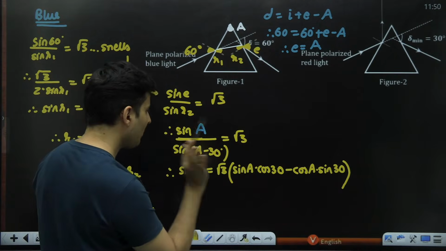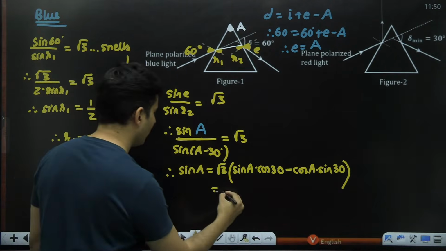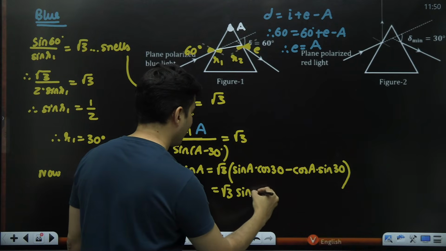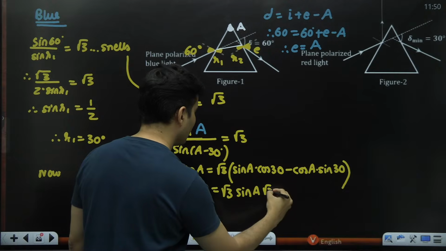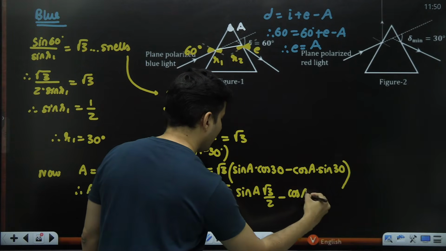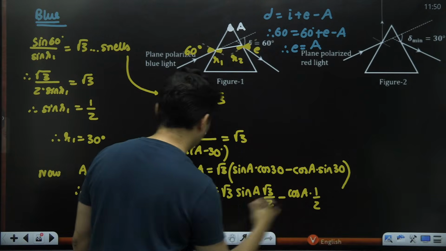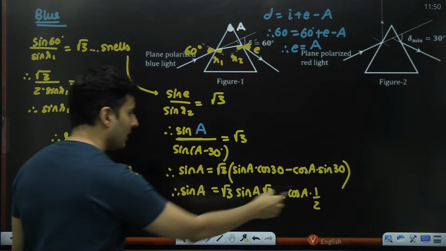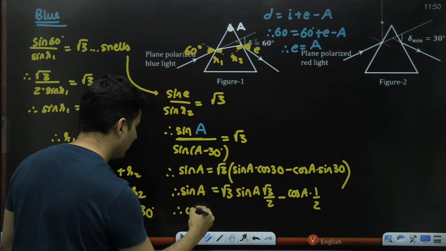Okay. Perfect till this point. So let's see what do we get. So root 3 sine of A cos 30 is root 3 by 2, minus cos of A sine 30 is basically half. So that is nothing but sine of A. Okay, so cos A by 2, let me put it over here.